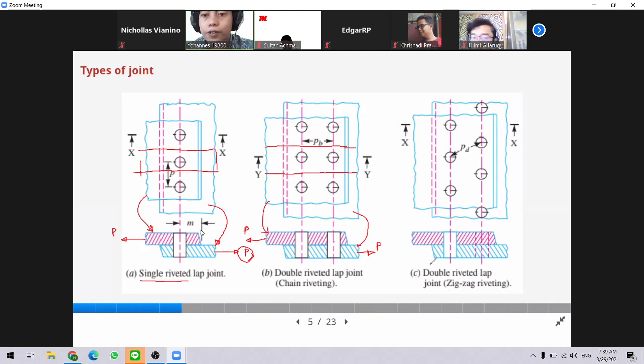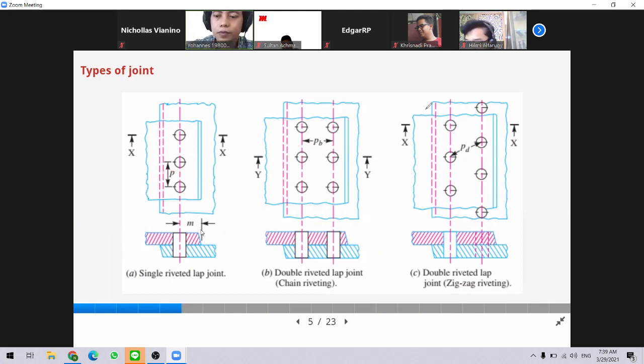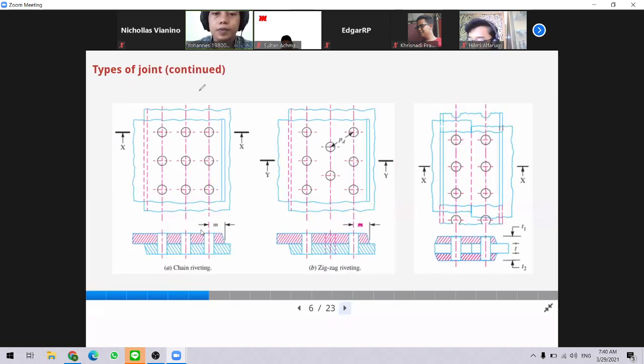And also for the third, zigzag riveting. Here you see another type of rivet joint. It can consist of 3 rows. We call this chain riveting.